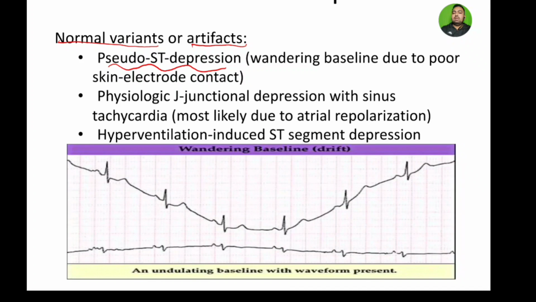And there can be hyperventilation induced ST segment depression. You can see this is a wandering baseline. It can be because of poor contact with the electrode, whenever the technician or nursing staff taking the ECG has not applied proper gel, then it can be seen.